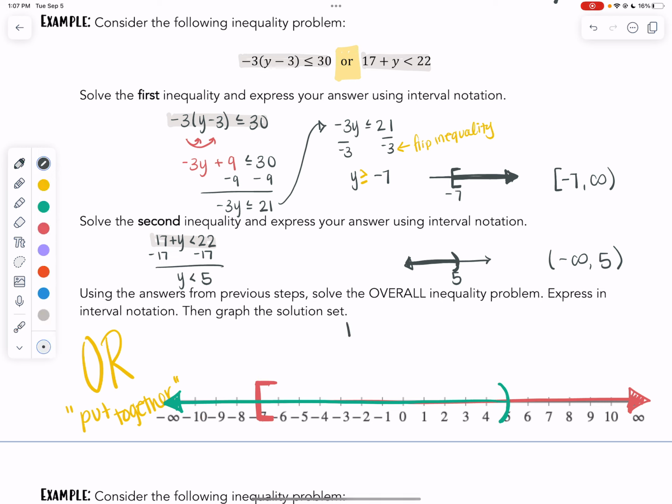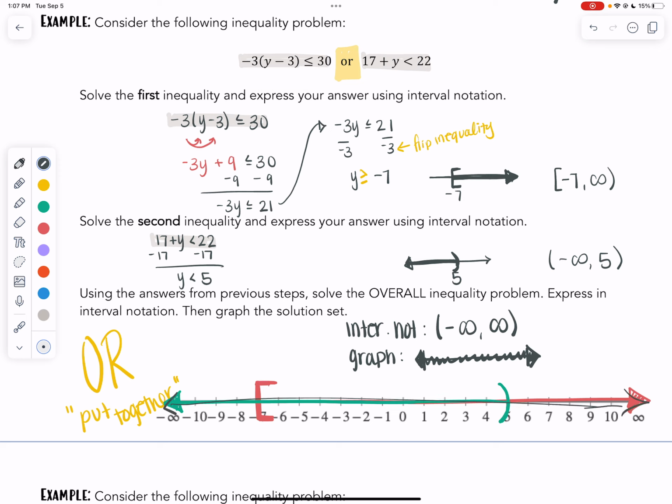So the interval notation is going to be negative infinity to positive infinity, and then the graph is going to be the whole thing shaded. So in Hawks, you're going to shade that whole thing. You don't need the brackets or parentheses anywhere. You are going to just shade the whole thing.